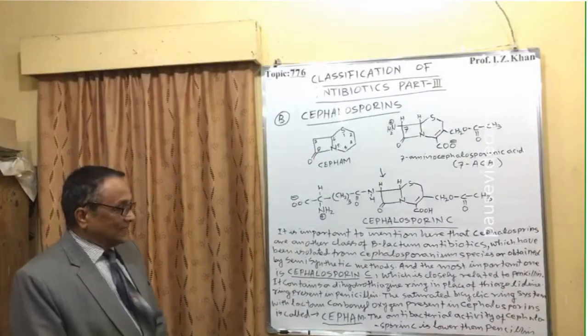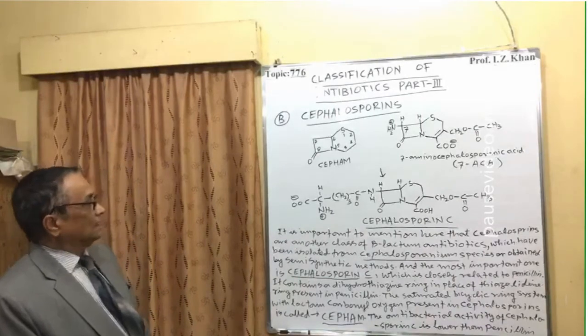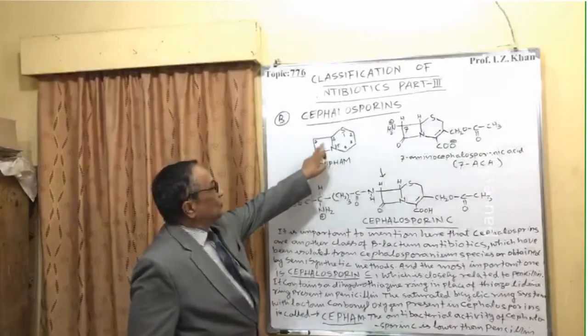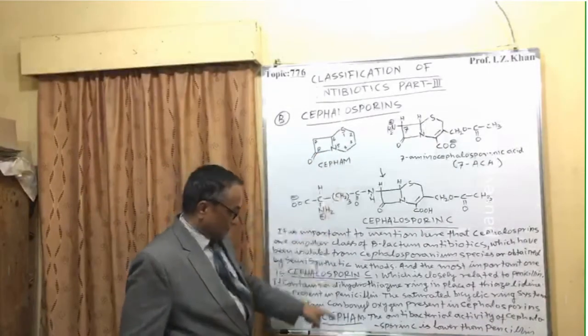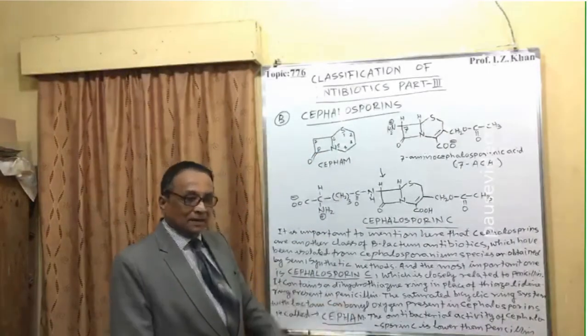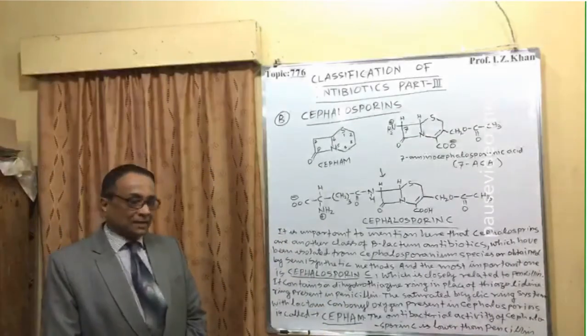The lactam 4-member ring present with cephalosporin is called cepham. Cepham is the main constituent, and the others are all side chains.